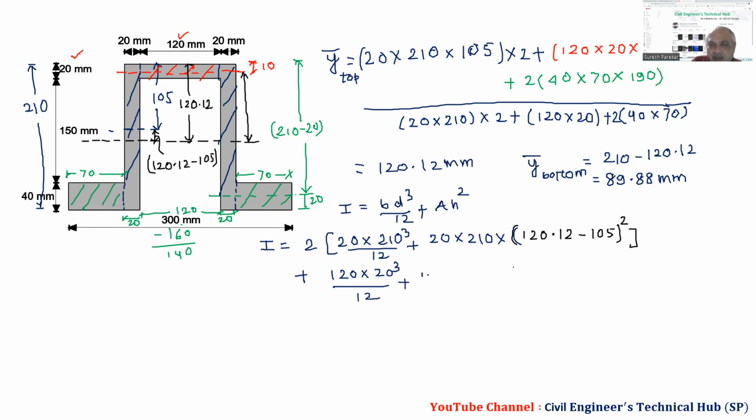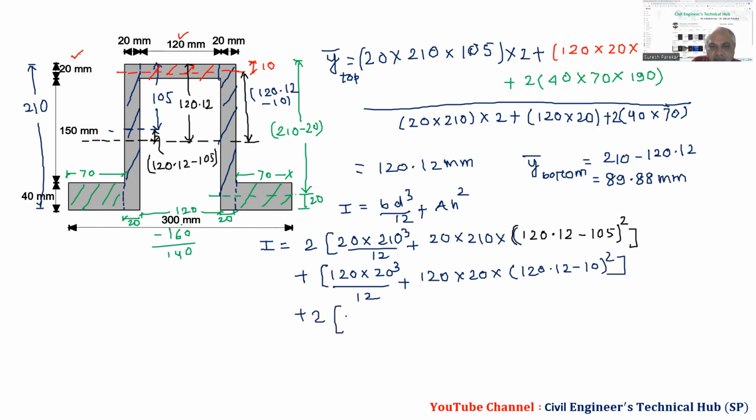So A we have 120 into 20, and H, I have already mentioned this distance: 120.12 minus 10, whole square. This is the second. And then we have plus 2 times the third part.